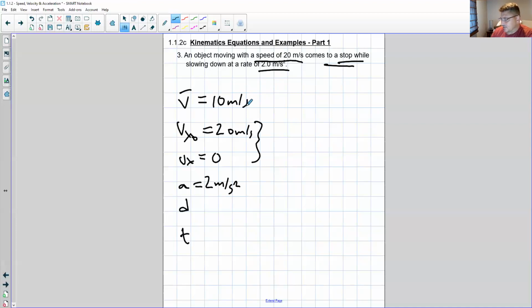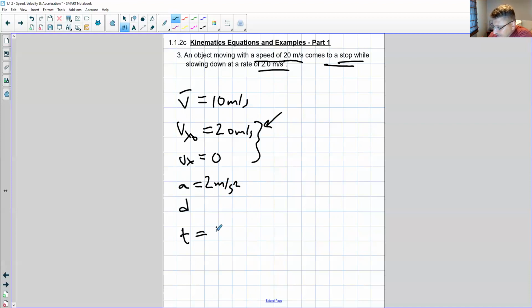How long is this going to take to happen, right? Think about what's going on here, right? We have something that's moving at 20 meters per second, and then it loses speed at a rate of 2 meters per second. How long is it going to take for it to lose this 20 meters per second of speed?